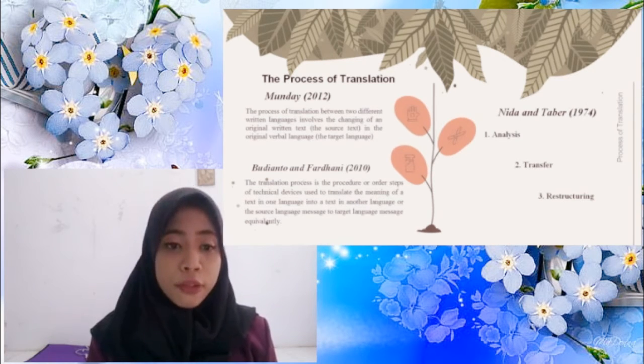For the transfer, the analyzed material is transferred in the mind of the translator from the source language to the receptor language. And in restructuring, the translator restructures it to make the final message entirely acceptable in the receptor language.